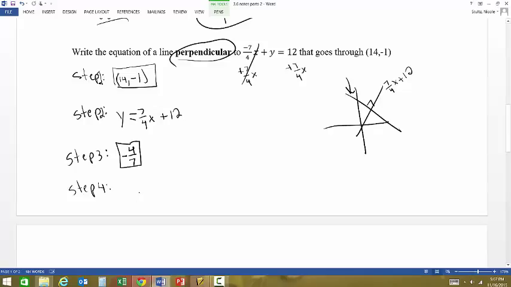So step 4 is going to be to plug in my point and my slope to y equals mx plus b. Now you shouldn't need a calculator for this because 7 goes into 14 twice, so we can divide that.